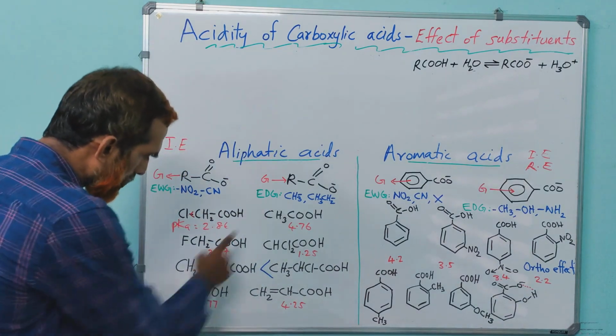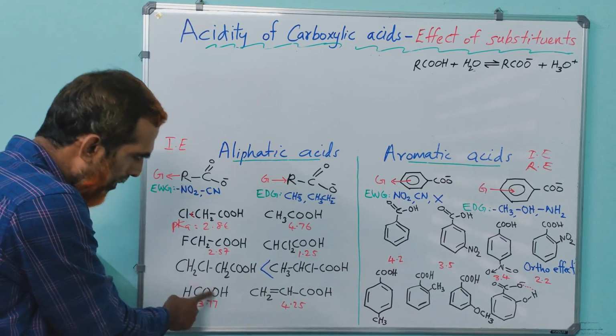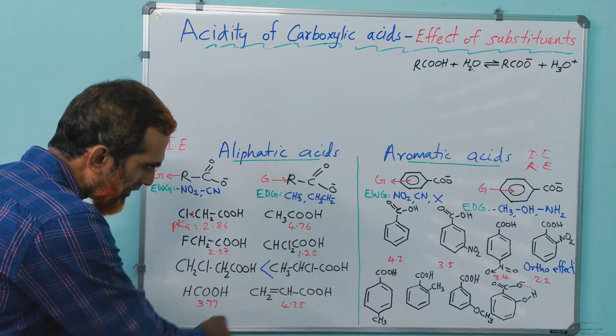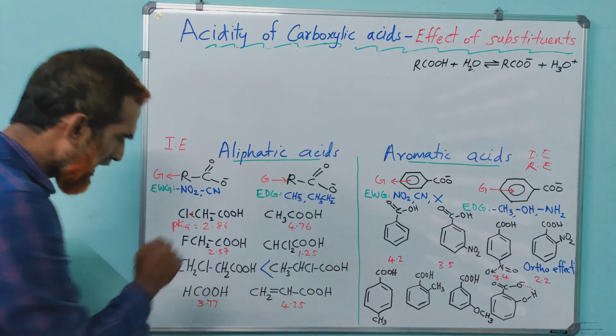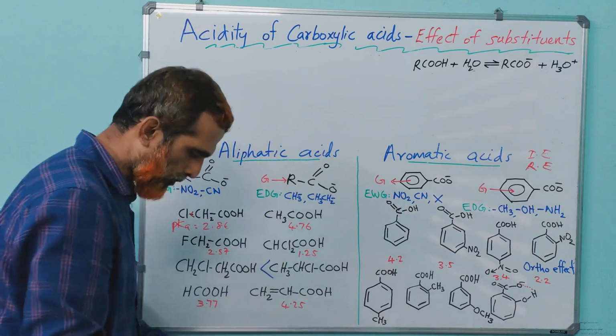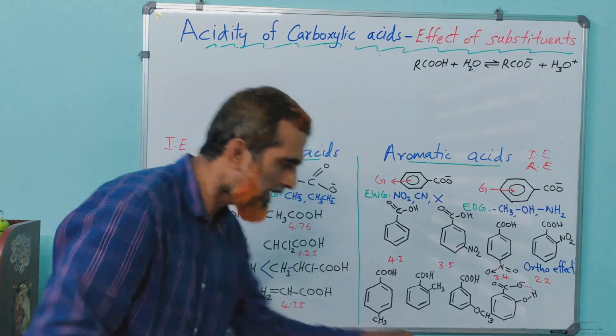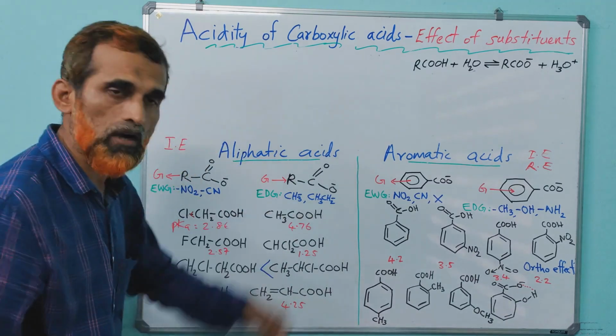Now compare these two, acetic acid and formic acid, which is more acidic. Formic acid is more acidic because 3.77. How do you explain these two? Here in formic acid it is H connected, here it is methyl group connected. So what? When it is methyl group, you know methyl group has got what effect?